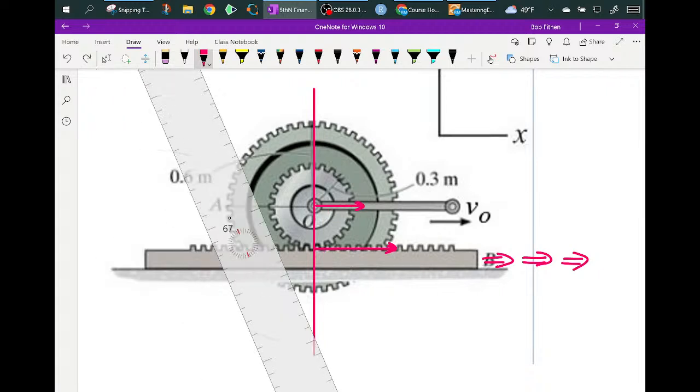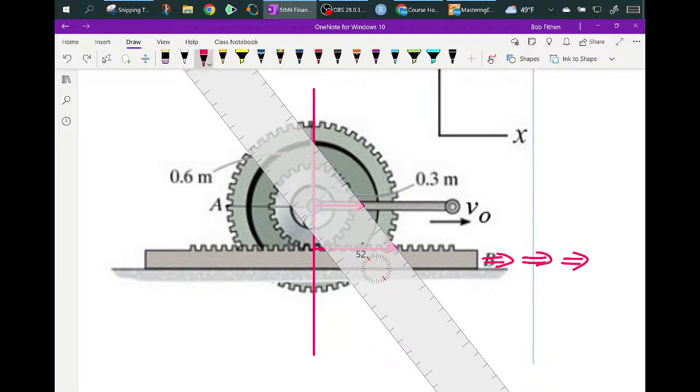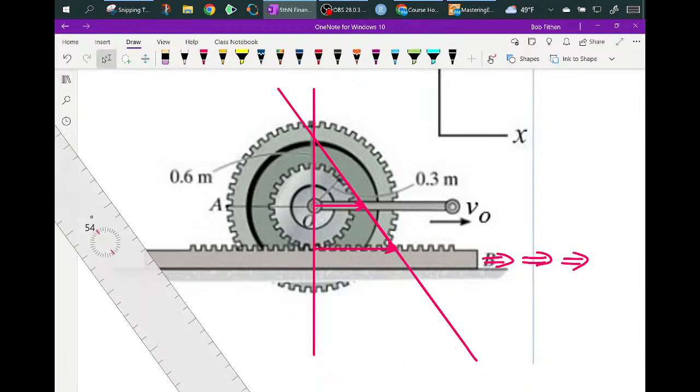And then what we do is we just simply draw a line like this. So this particular point becomes the instant center. This actual point is moving backwards. All the rest of these points are moving to the right. The largest velocity is this one.